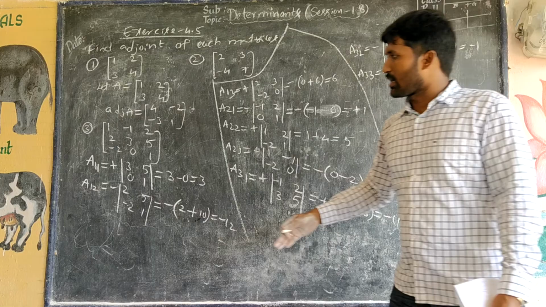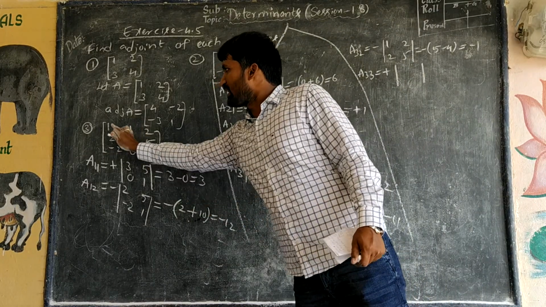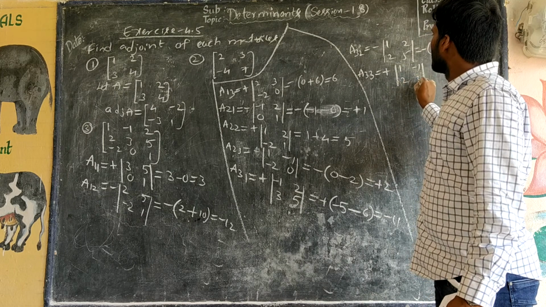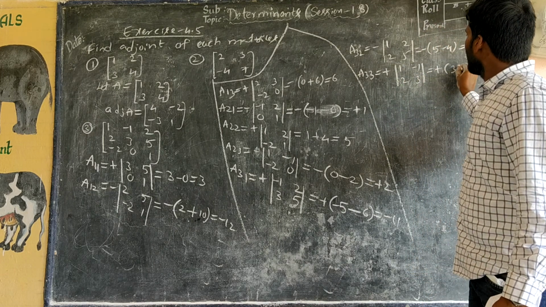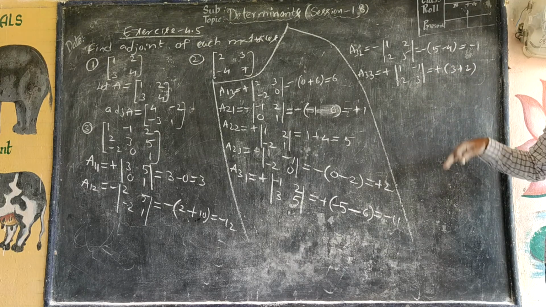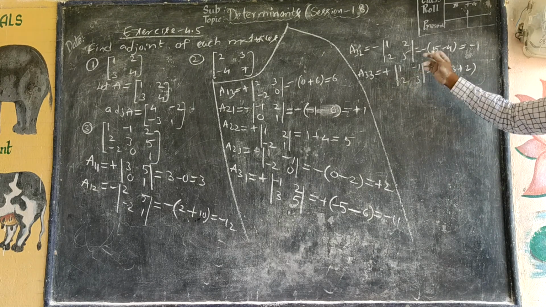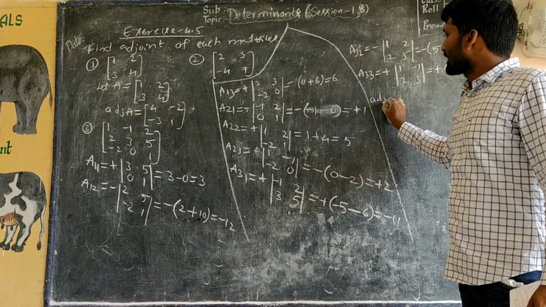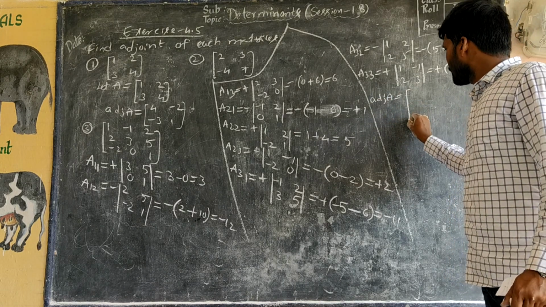Delete third row, third column. Remaining [1 -1; 2 3]. As per the formula, 1 into 3 is 3, minus 2 into minus 1 is plus 2. It is 5.